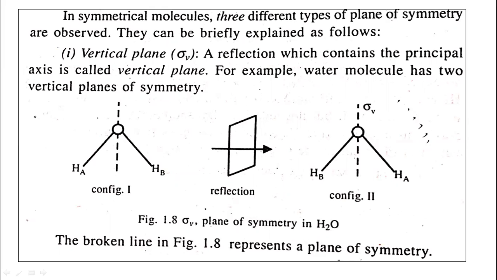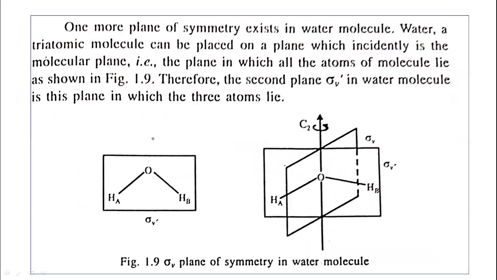For example, the water molecule is having two vertical planes of symmetry. This is one vertical plane. By passing the plane through this, hydrogen atom A is the mirror image of hydrogen atom B. So the water molecule is having two vertical planes of symmetry. This is another, where all the three atoms lie.